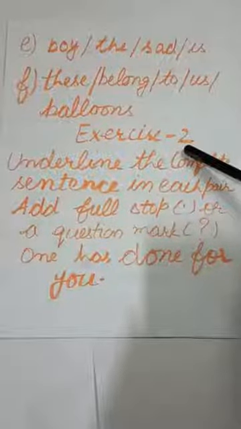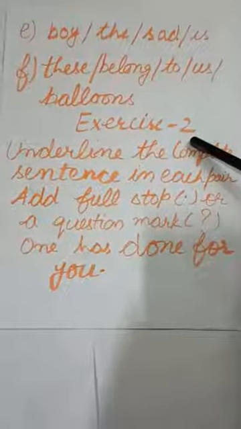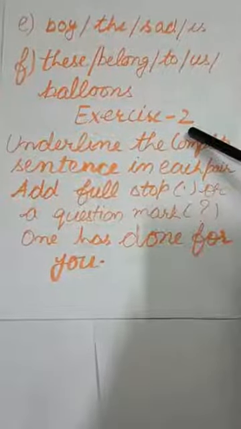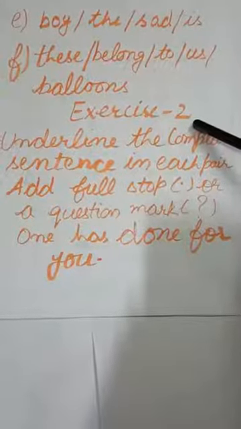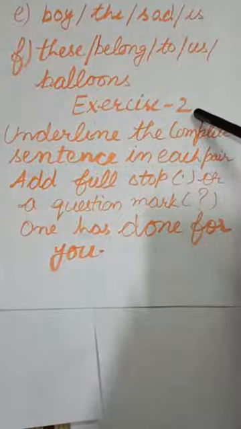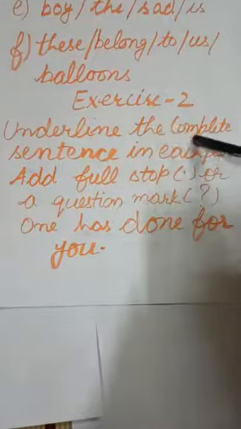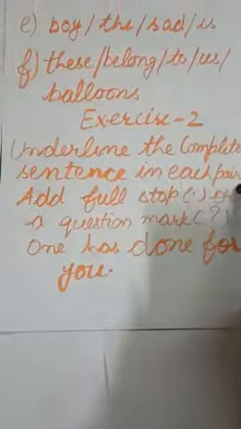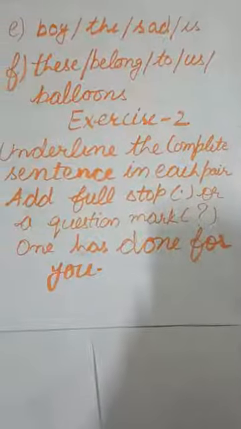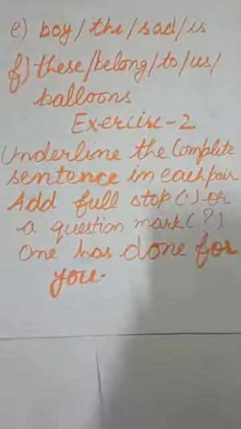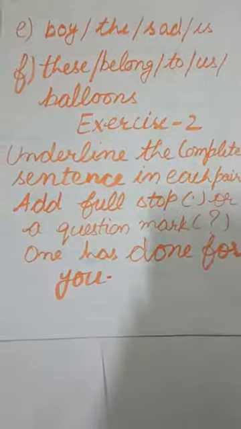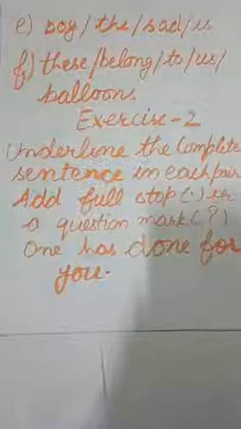Now again there is a second exercise for you, and this is the easy one. Only 5 minutes you have to give, and you have to do this exercise in your notebook also. Underline the complete sentence in each pair. I am giving you 2 pairs of words, and you have to underline the complete sentence.